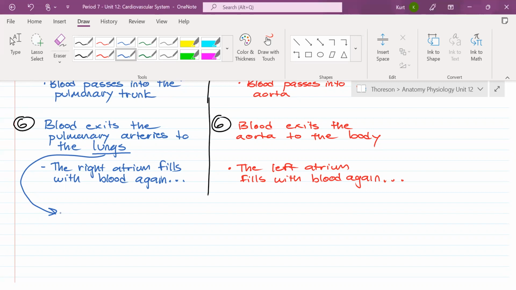And what organisms in this world use the CO2 that heterotrophs like us exhale? Plants, autotrophs, right? So blood brings CO2 to the lungs. Scout, what do we do with that CO2? We exhale it.